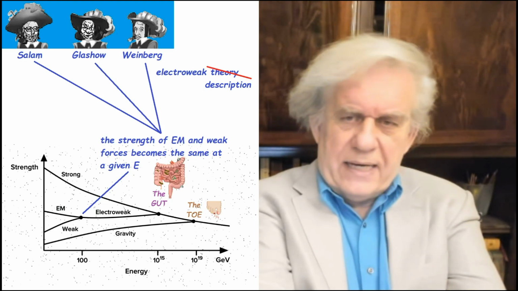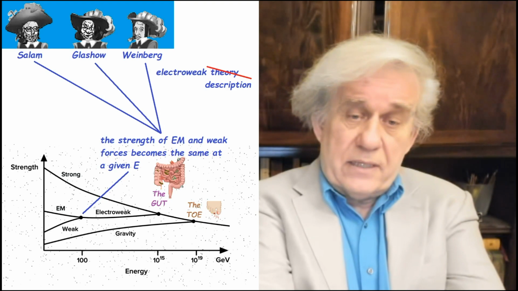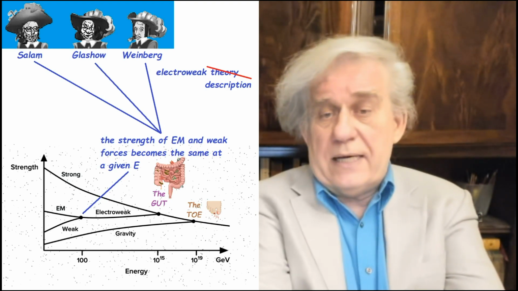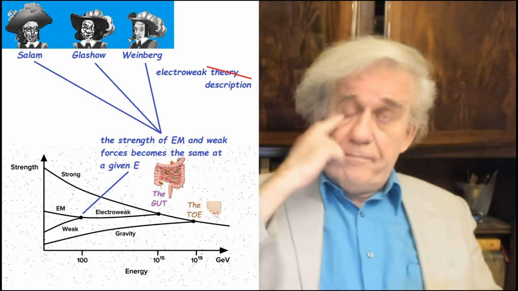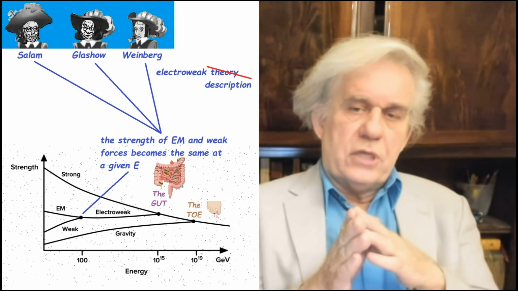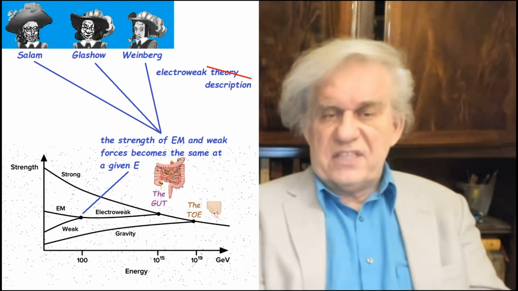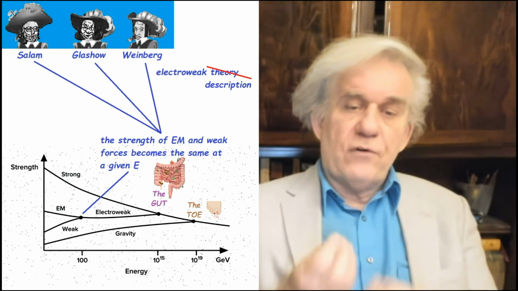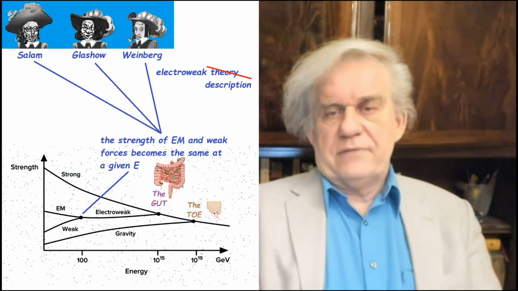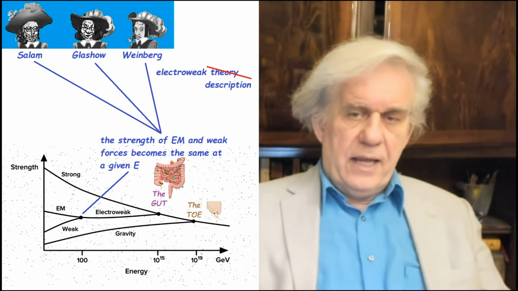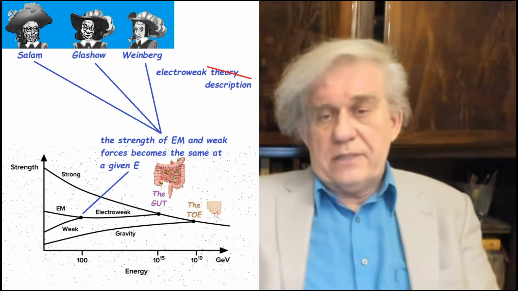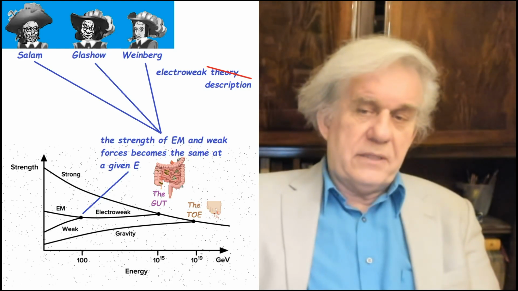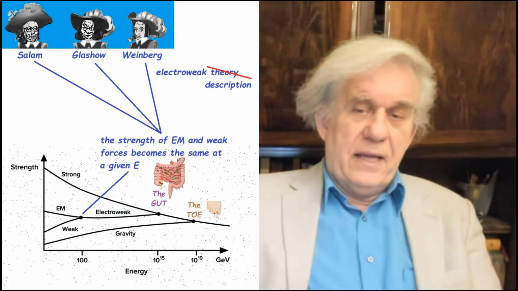And they said, look, if you increase the strength of them up to a certain point, at some point these forces will match. Or as they say, the strength of the electromagnetic force becomes the same as that of the weak force. And so they did a calculation. They said, okay, it matches there. And then they went into the lab and they said, well, we confirmed it. Okay, fine.